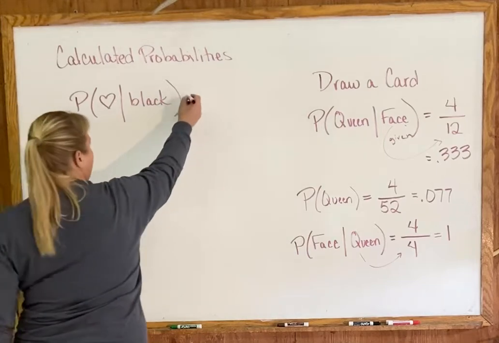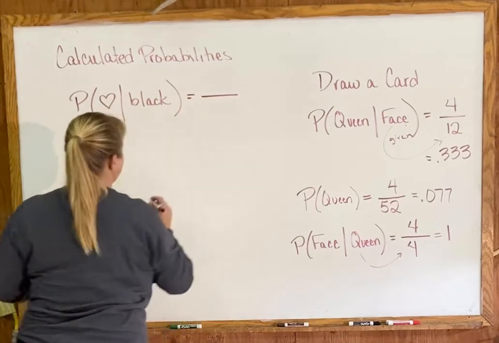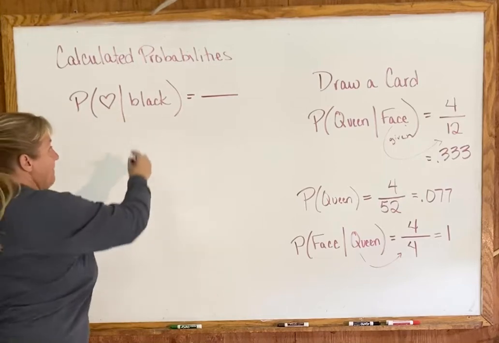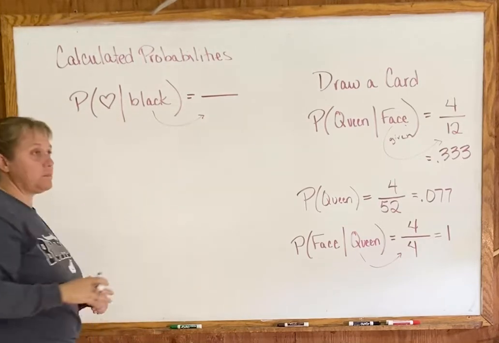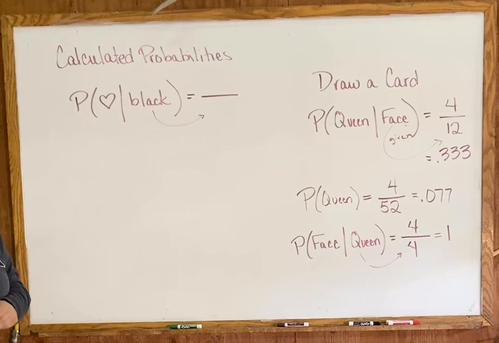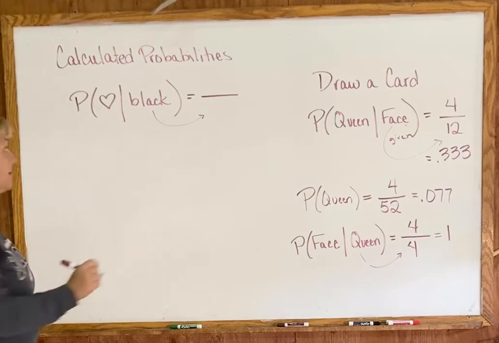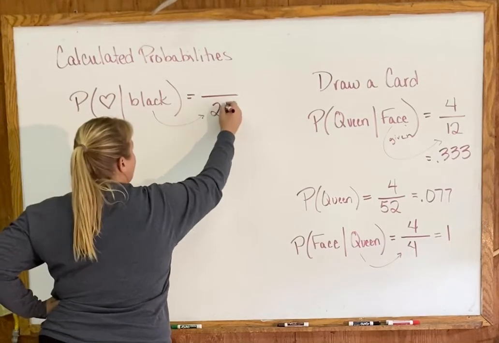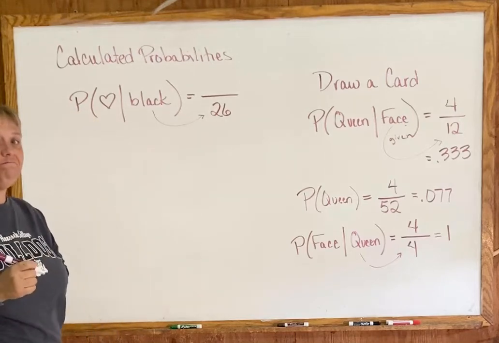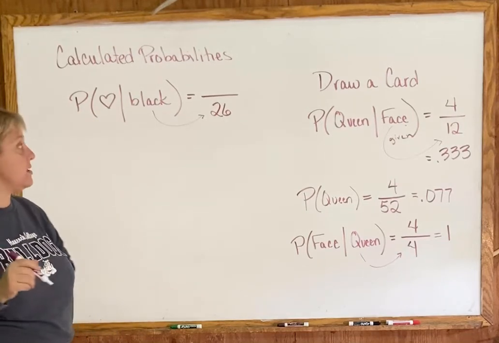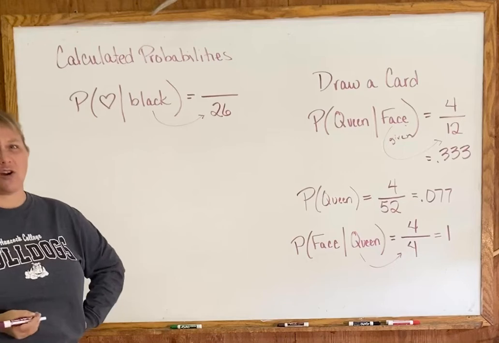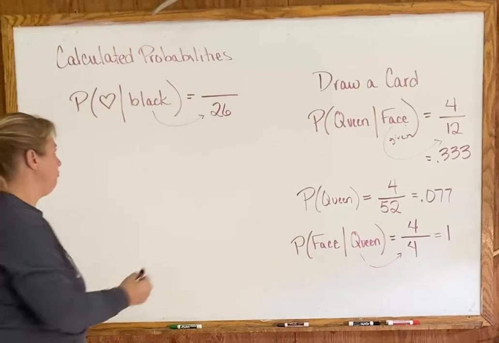So the way that we look at this is we start with the given, and that's gonna give us the denominator. So of the deck, half is black, which is 26. So we have 26 black cards on the bottom. Now of those 26 cards, how many are hearts?